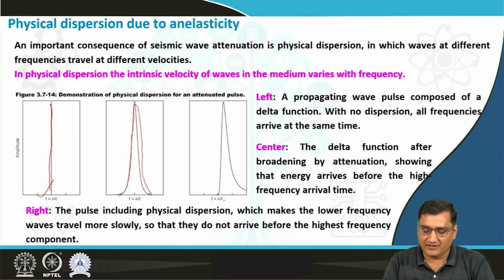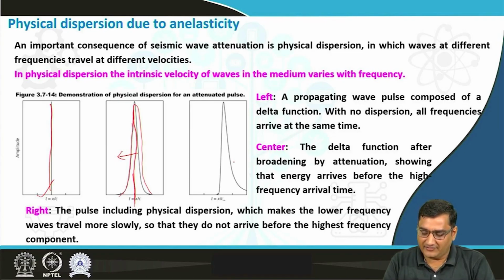That means different frequencies are arriving at different times. Let's suppose this is the time of arrival here. Some of the frequencies are even arriving earlier than the arrival time, and this condition is known as acausality, and we basically don't want it to happen.